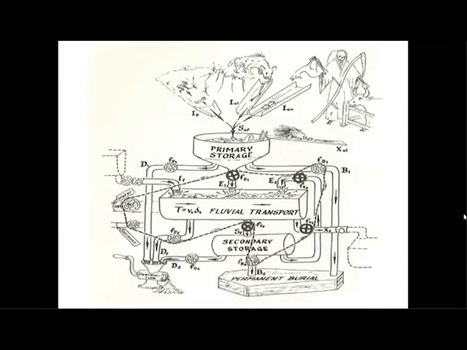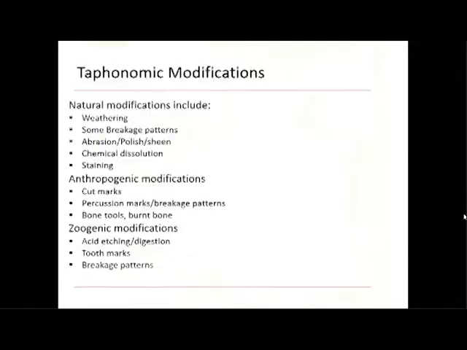This is just a diagram trying to explain the process of taphonomy from death, to storage, to movement such as fluvial transport or soil erosion, and then secondary storage, which may be it being reburied, and then when we recover it.